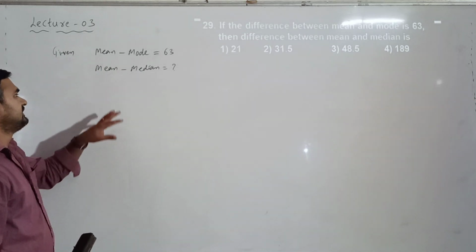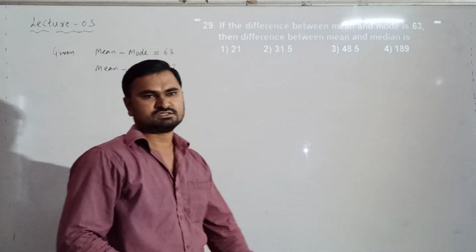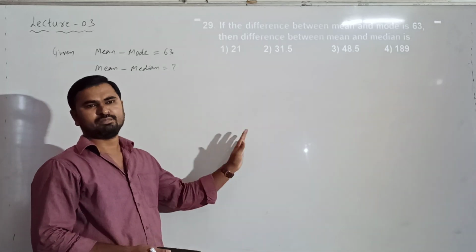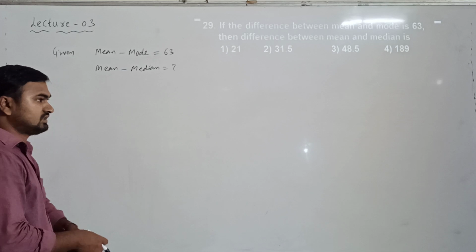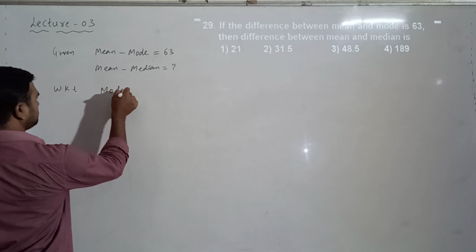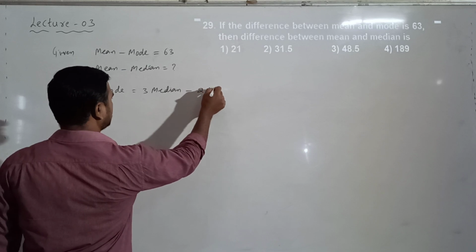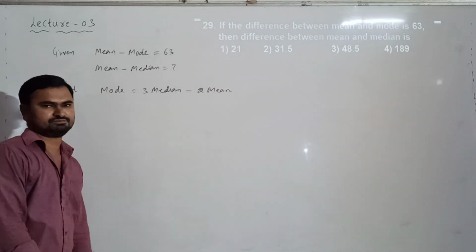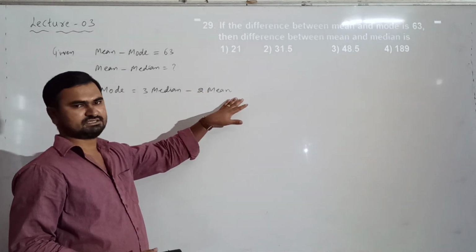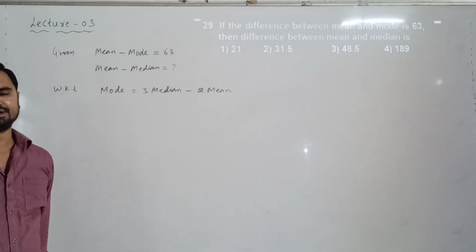Now how do we find the difference between mean and median? The difference between mean and mode is given. So for finding this, we need the relation between mean, median and mode. We know that mode equals 3 times median minus 2 times mean. Using this formula, we can form a relation between these three quantities.